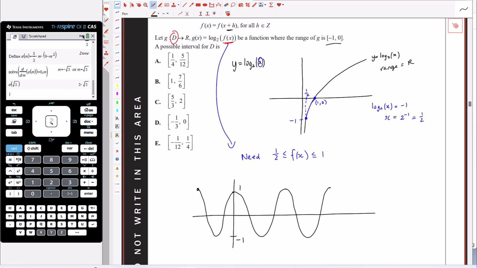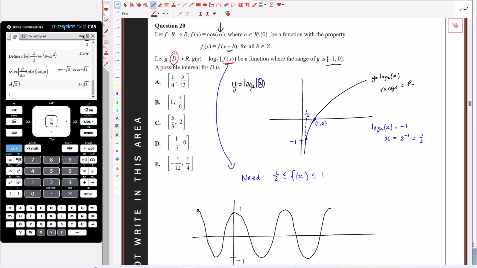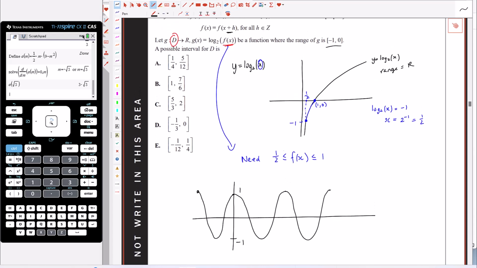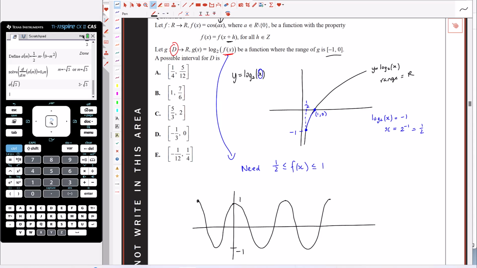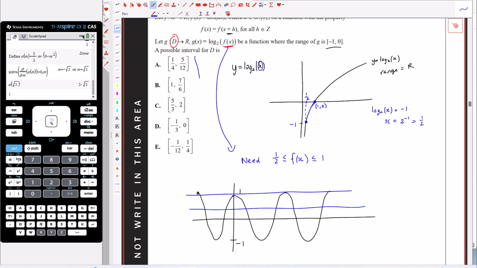Obviously we don't want that much of it, so we only want it to be between half and 1. We actually just need to work out which of these 5 domains gives us a part of this graph that's in this little window from half up to 1.